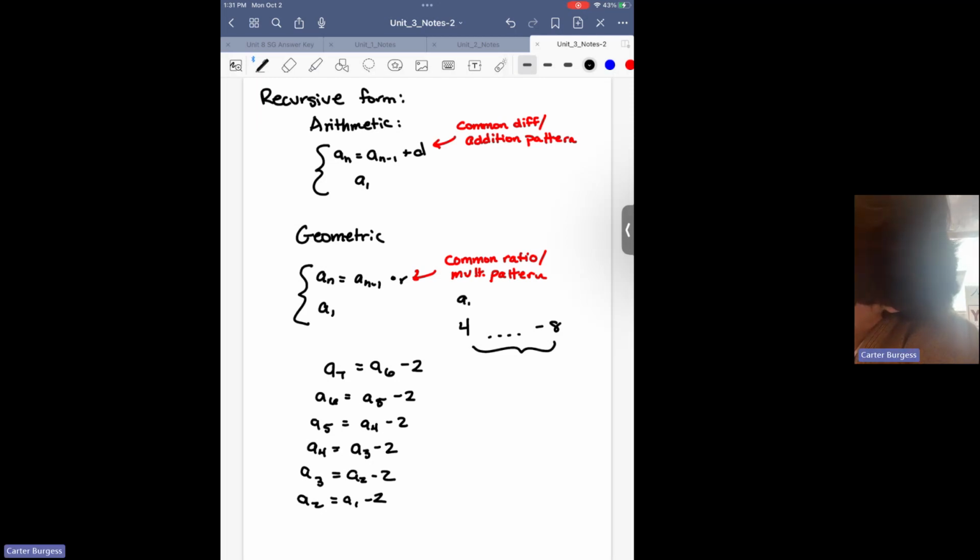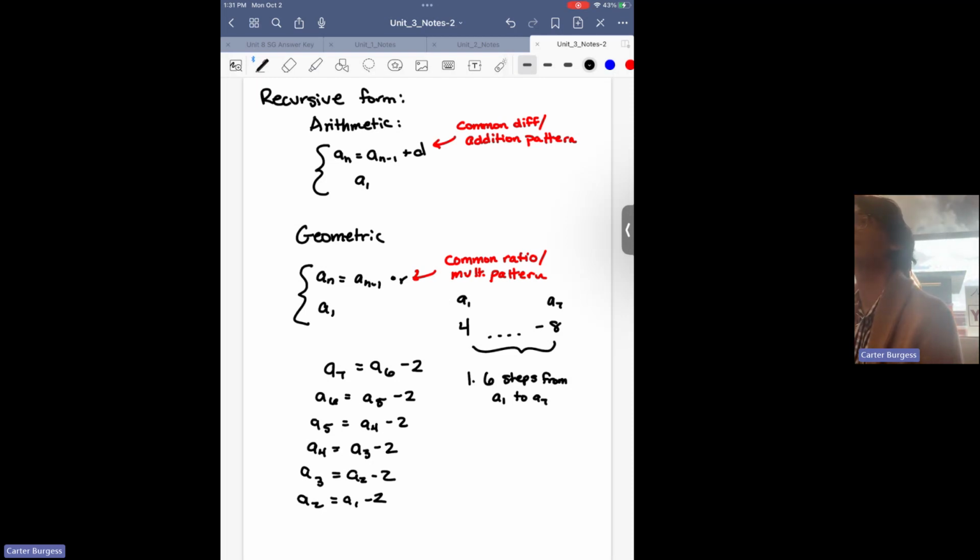How many steps does it require us to go from the first term to the 7th term? How many steps? Not quite 7. 6 steps. So 6 steps from a sub 1 to a sub 7, right?